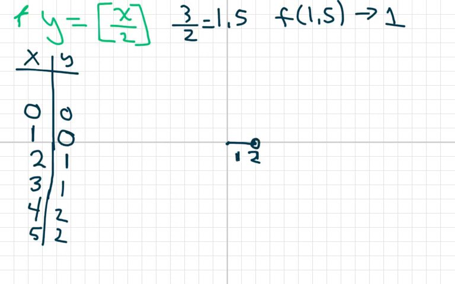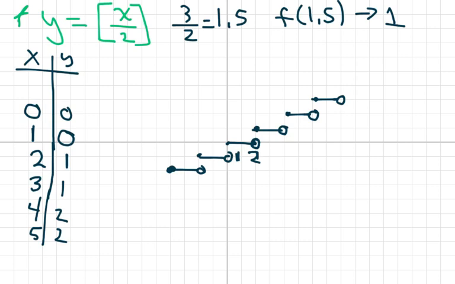It goes to 1, and it's going to continue to go like this. This is kind of hard to do on a video, so we'll go over it in class and talk more about the greatest integer function.